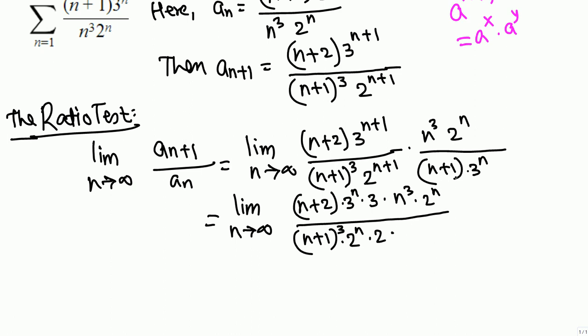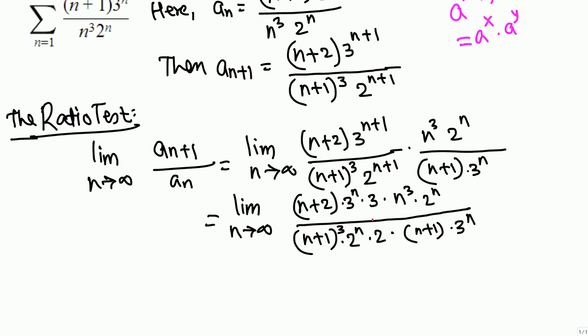Okay, and (n plus 1), one more (n plus 1), we should have made (n plus 1) to the fourth, same thing. It's (n plus 1) times 3^n. We can combine, multiply these two.